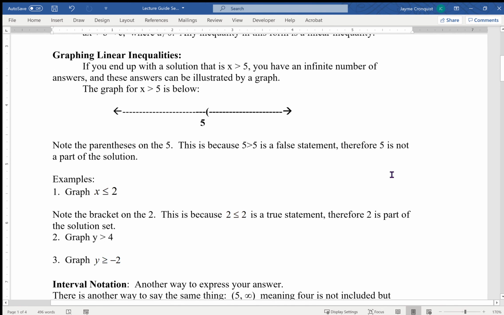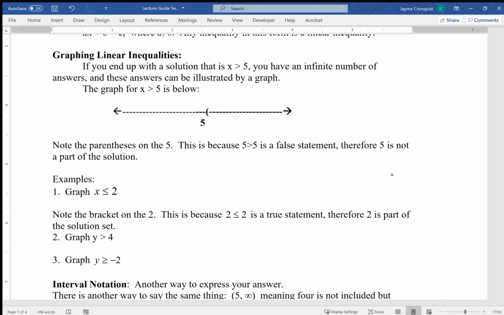Now, when it comes to graphing linear inequalities, we're going to use certain symbols to indicate the beginning or ending of our inequality. Now, this kind of parenthesis is called an open parenthesis, and it's opening upwards, because that's the one that opens or starts a set of parentheses.